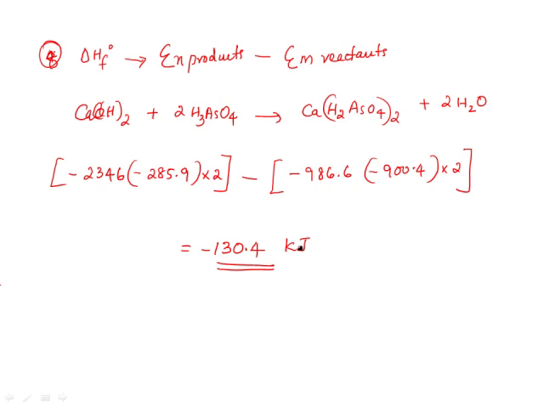So for calorimetry, guys, all you need to remember is that one equation. What is the calorimetry equation? Q equals m c_s delta T. M represents the mass, c_s represents the specific heat, and delta T means the change in temperature.